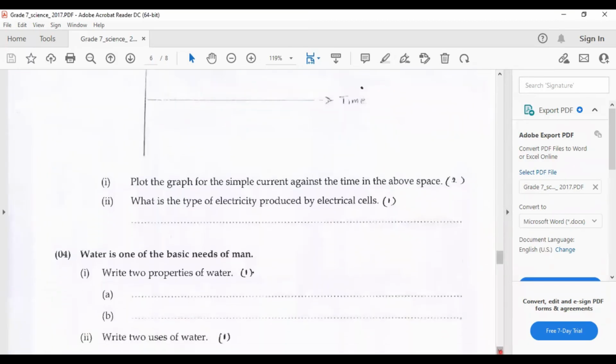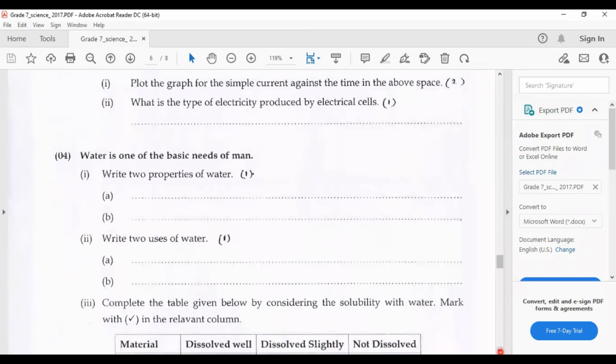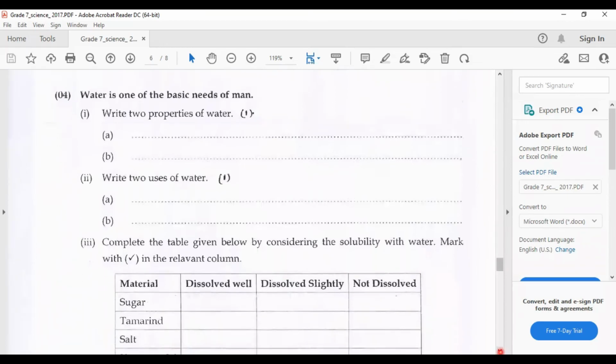Fourth question. Water is one of the basic needs of man. Write 2 properties of water: as a solvent, as a coolant.